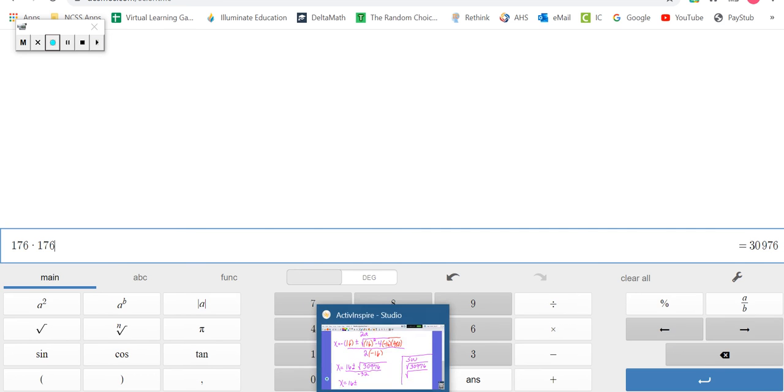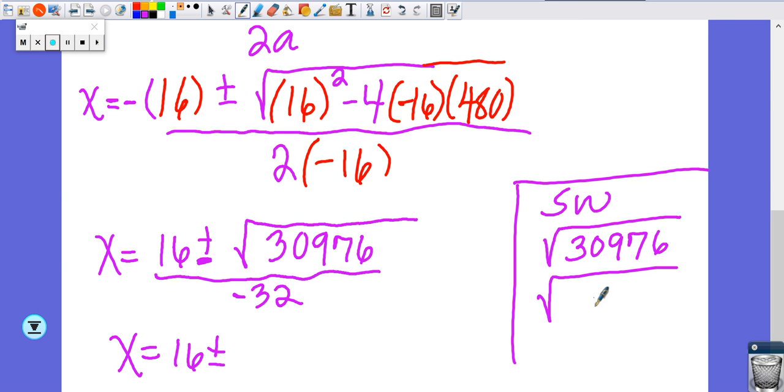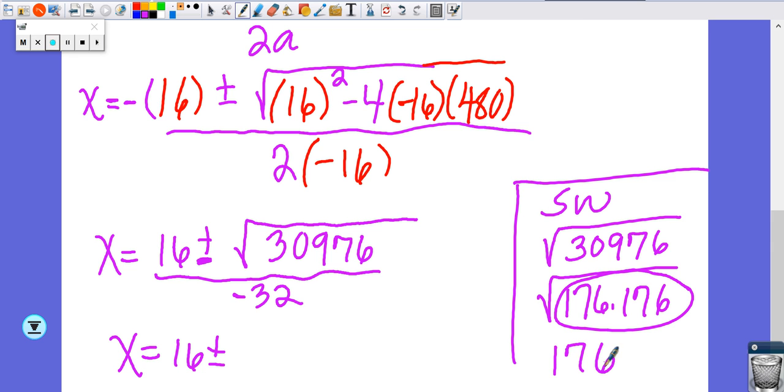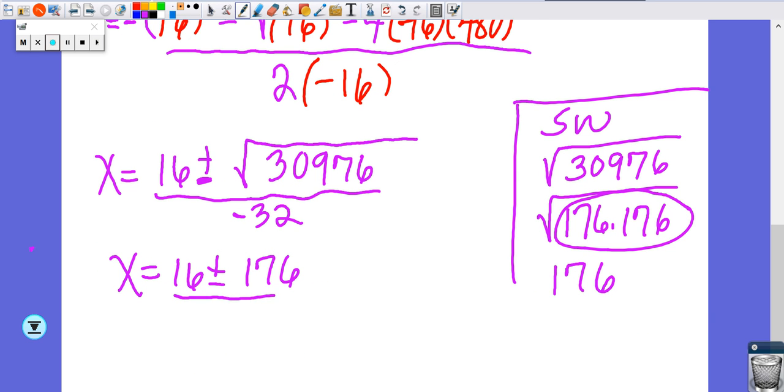That was just a regular square root. So it's 176 times 176, and we don't need to break this down any further because we got a pair. So the square root of that is 176. So I replaced that part with 176. My side work I took care of. And then over negative 32.